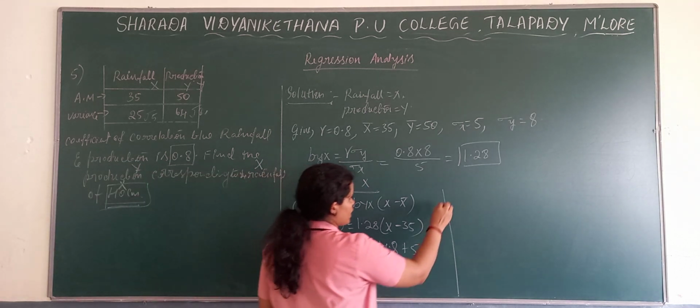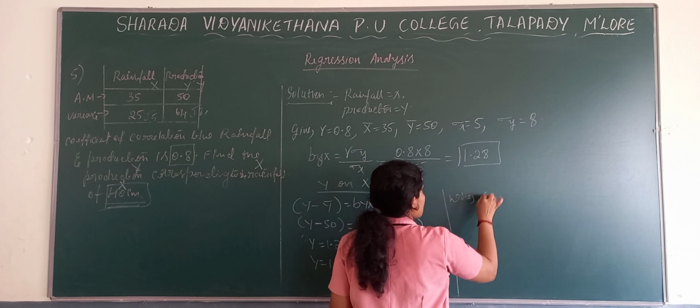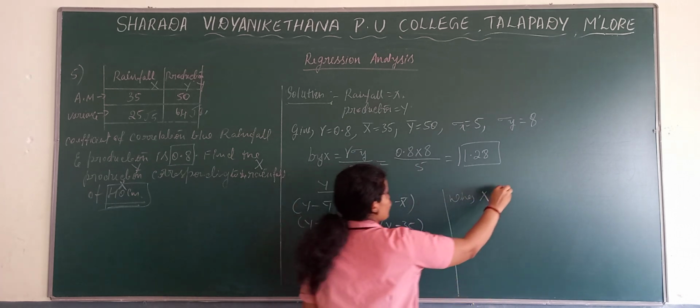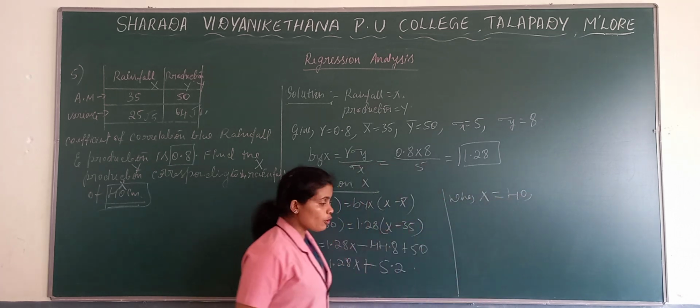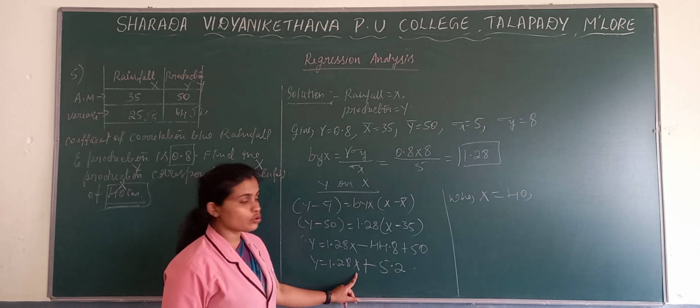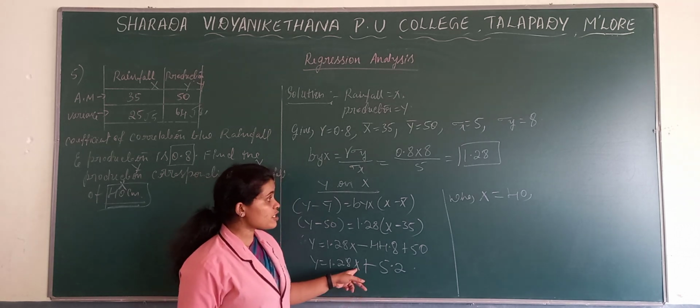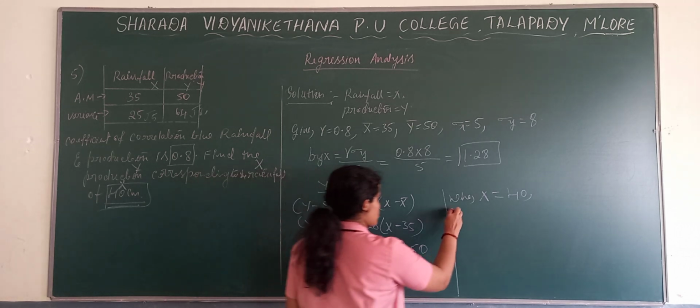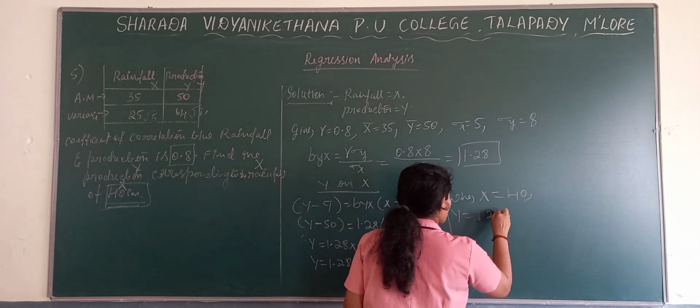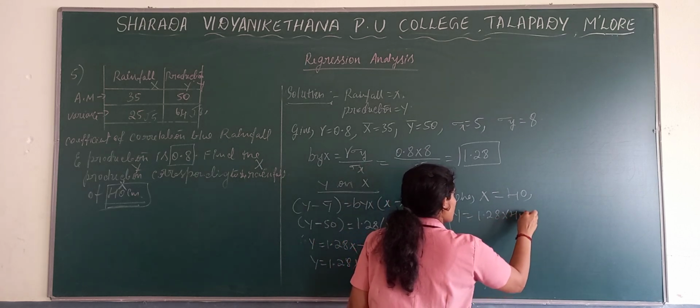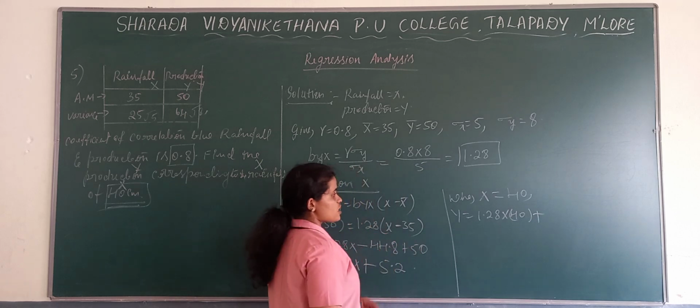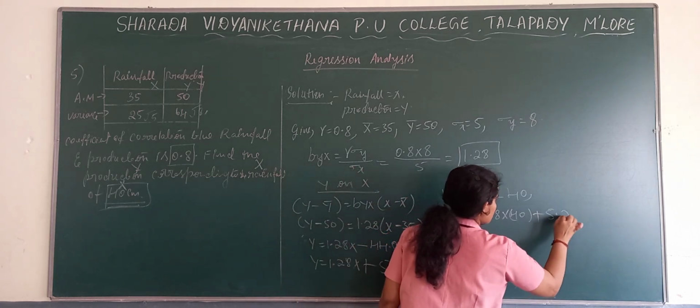So when x is equal to 40, now we need to substitute that x value into this particular x. So y is equal to 1.28 into 40 plus 5.2.